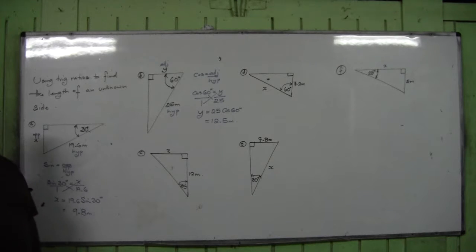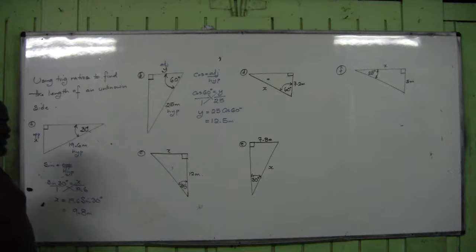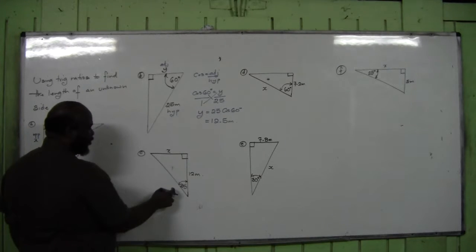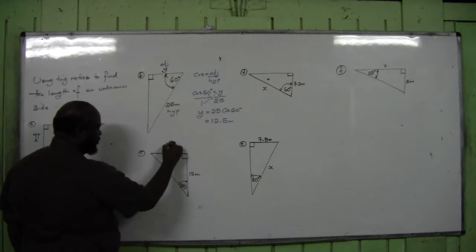Ladies and gentlemen, trig ratios are used to solve a right angle triangle, which means trig ratios can be used to find the length of an unknown side or the size of an unknown angle of a right angle triangle. Tell me, what is this side to the angle? Opposite.